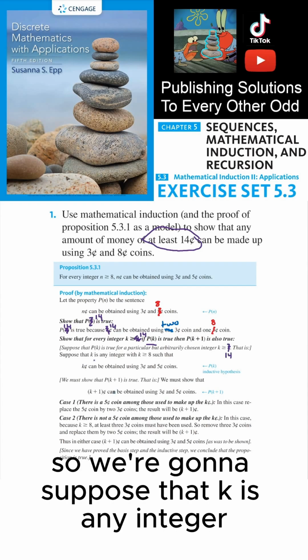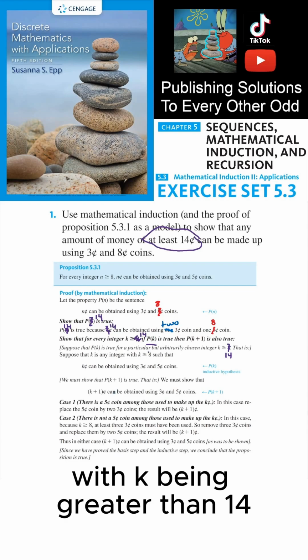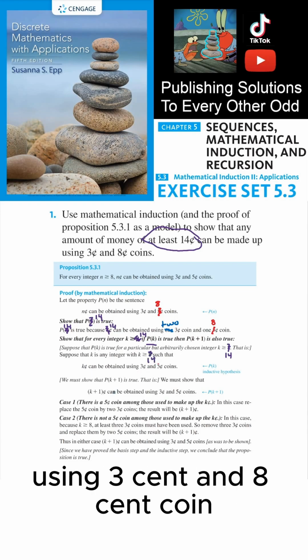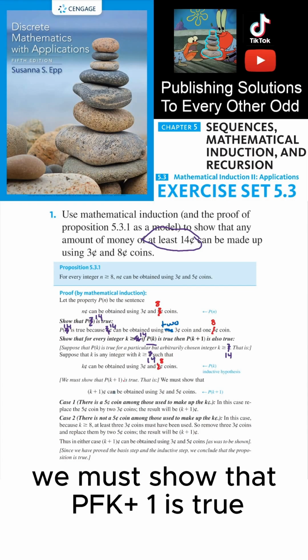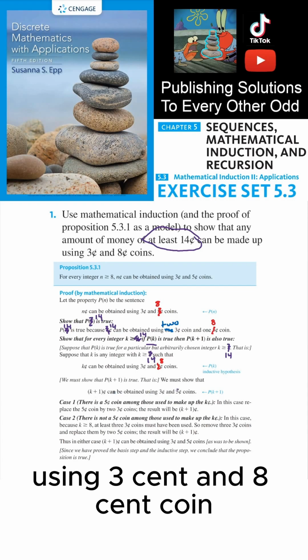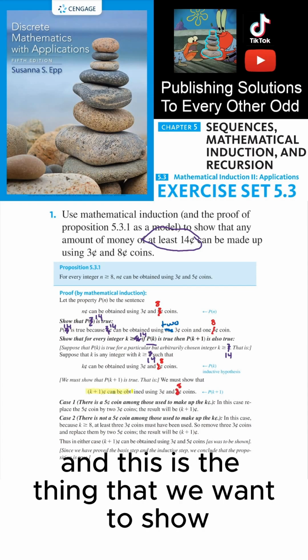So we're going to suppose that k is any integer with k being greater than or equal to 14, such that k cents can be obtained using 3-cent and 8-cent coins. We must show that P of k plus 1 is true. Now, we want to show that k plus 1 cents can be obtained using 3-cent and 8-cent coins. And this is the thing that we want to show.